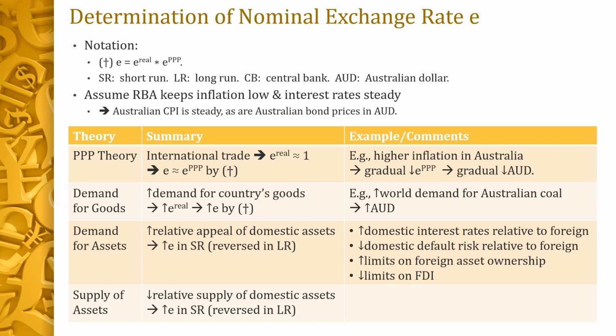And since the central banks of Australia and the U.S. are holding interest rates fixed, these changes in expected returns must occur through changes in capital gains. That is, investors must expect that the Australian assets will fall in value over time relative to the U.S. assets. This is accomplished via an immediate rise in the value of the Australian dollar vis-a-vis the US dollar, coupled with a long-term decline in this value.